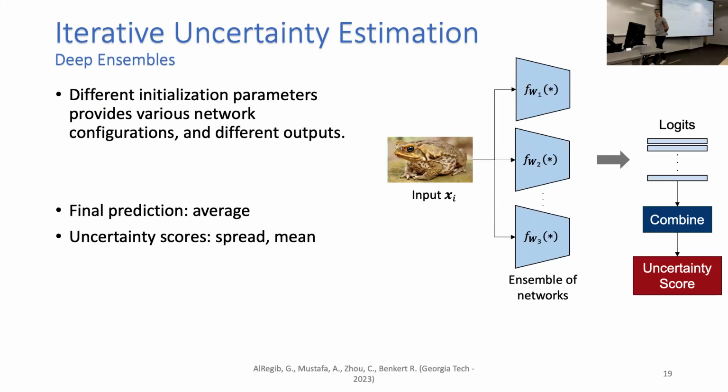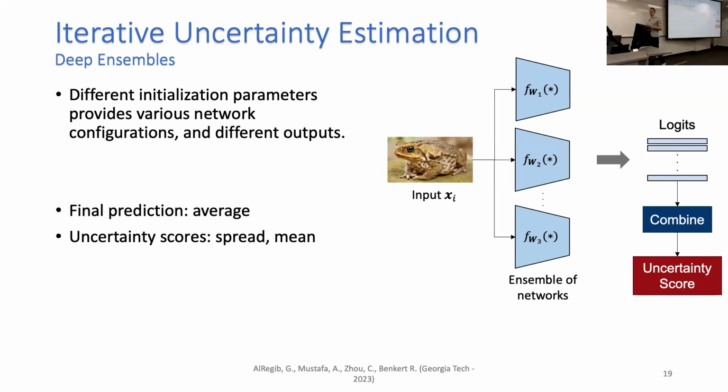If you think about this iterative uncertainty estimation framework, where you're trying to map uncertainty because the predictions are very different, ensembles work by generating all of these different predictions by training a bunch of different neural networks. So you train not just one neural network, but 3 or 10 or however many you want to train.